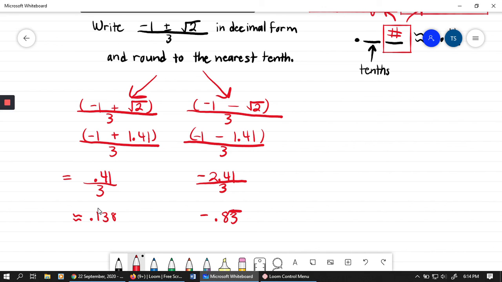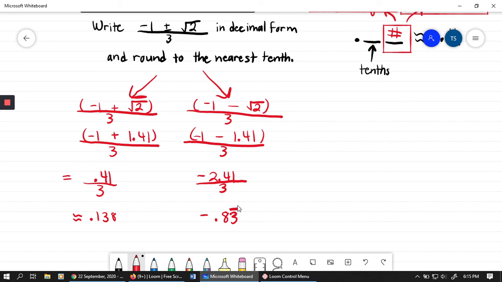I don't even need a calculator for that, and I don't have to guesstimate what this is.